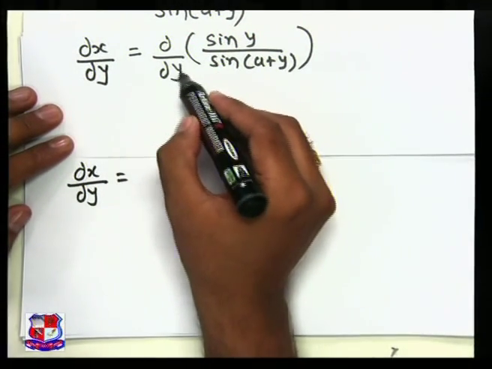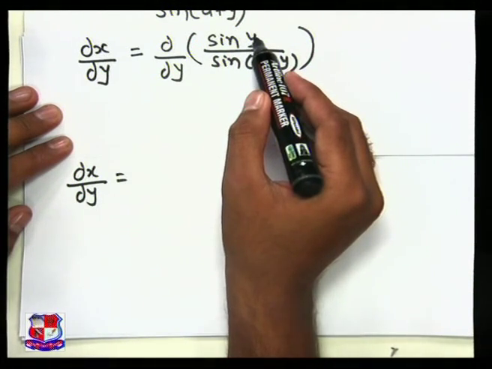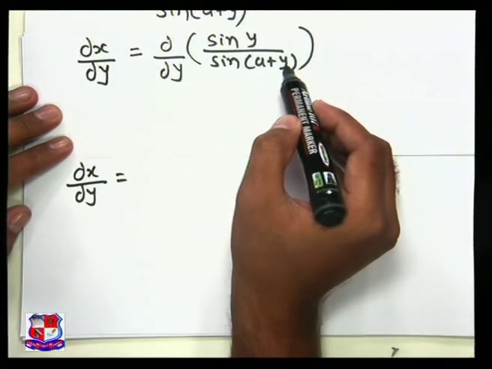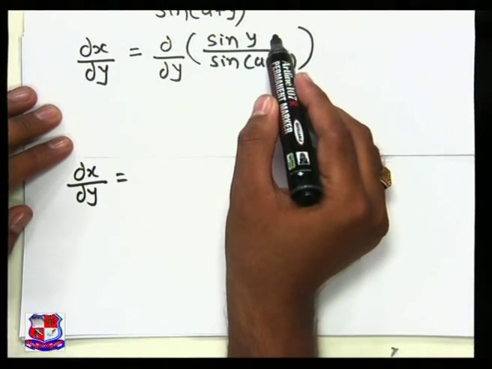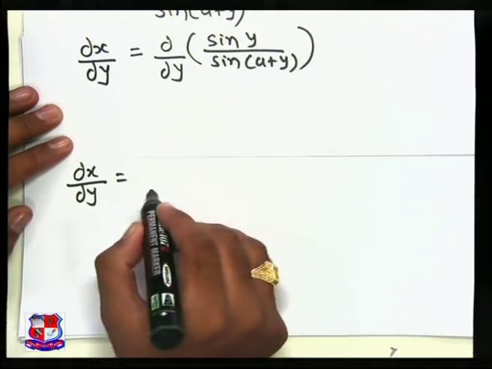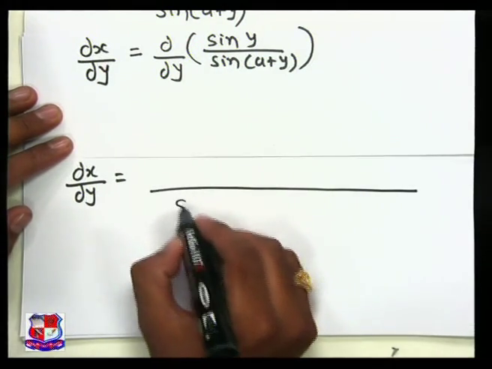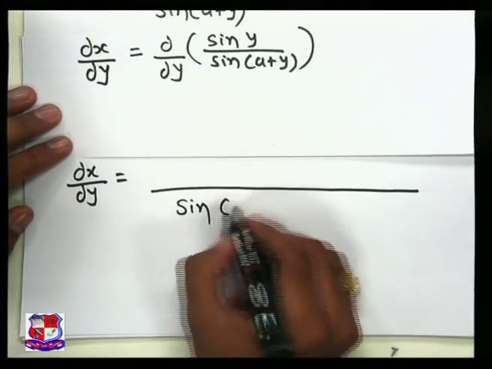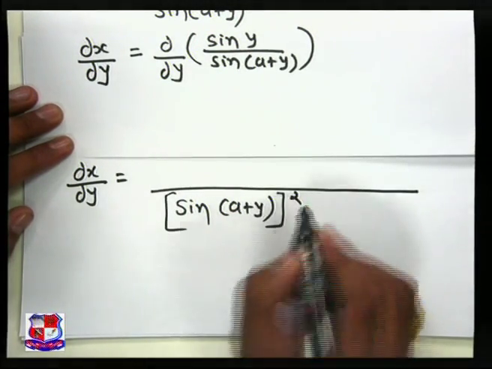Here we differentiate with respect to y. Here y is in the numerator and y is also in the denominator, both terms contain y, so apply the u by v rule. Then our step is denominator square, that is sin a plus y whole square.